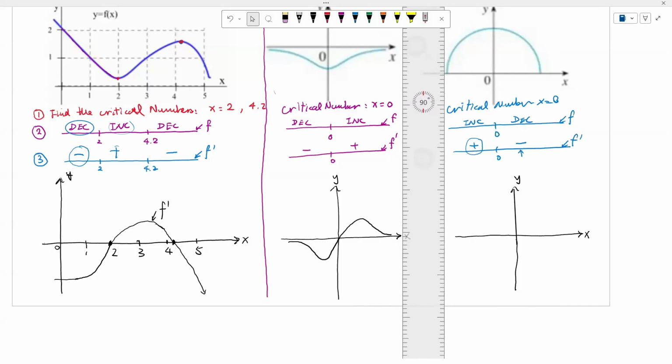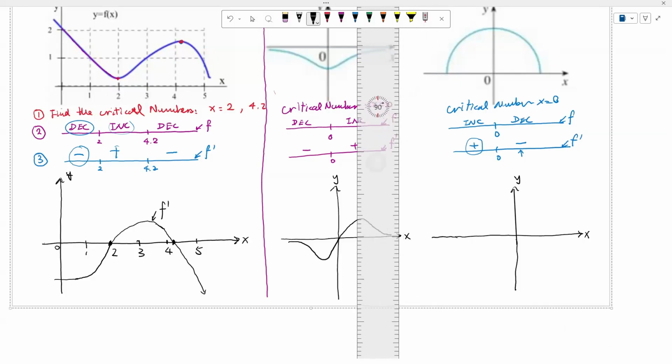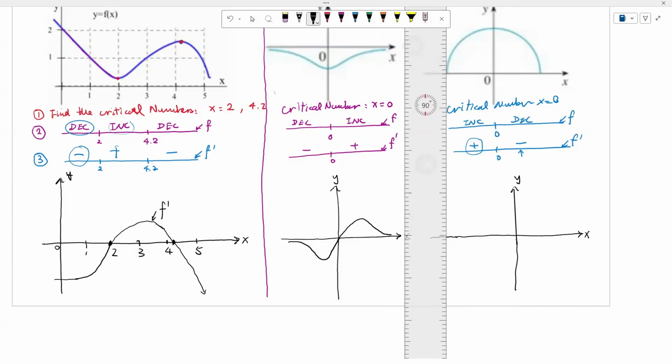So in this case right here, I will have a vertical asymptote.